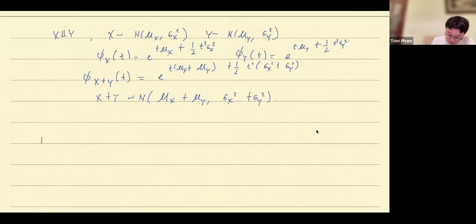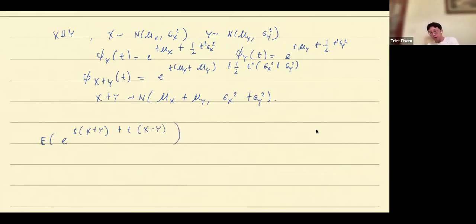What we will need is expectation of e to the s times (X plus Y) plus t times (X minus Y). All right, like that.